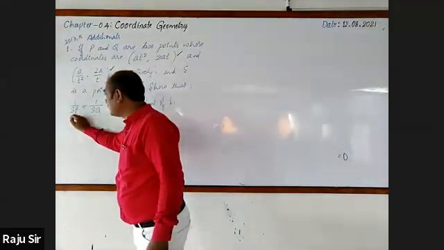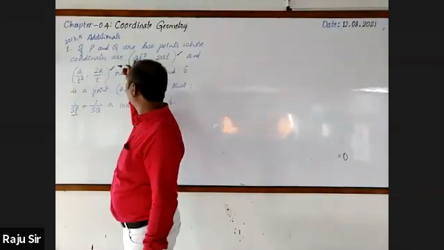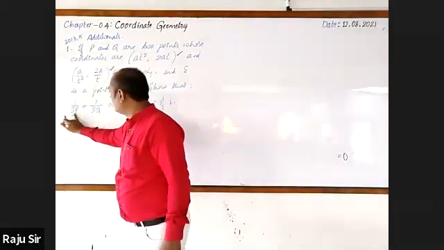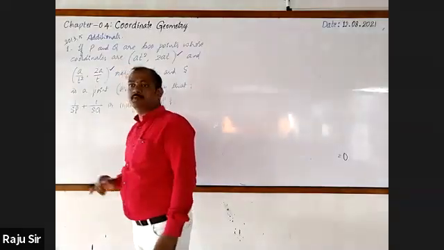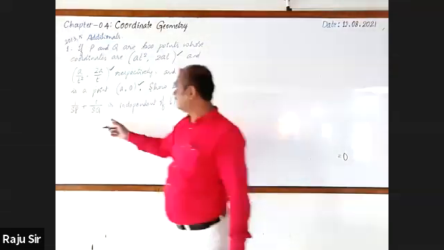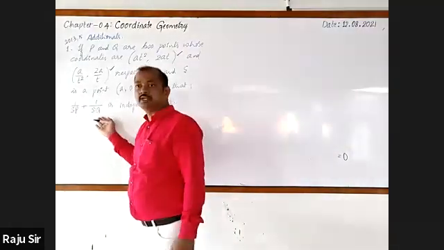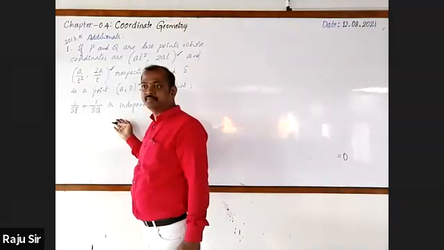Here, S has the coordinates a comma 0. SP, how do you find out SP? By using the distance formula. Then SQ, distance formula. Then you substitute that here and simplify.